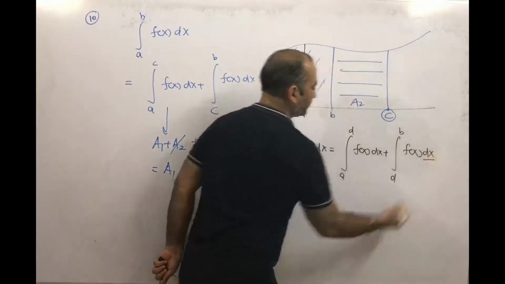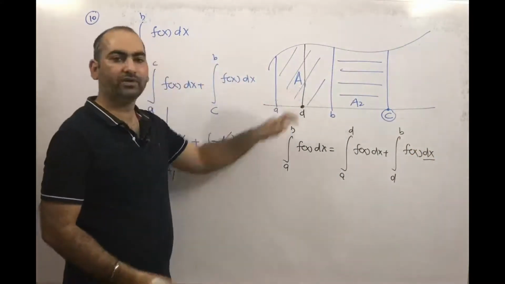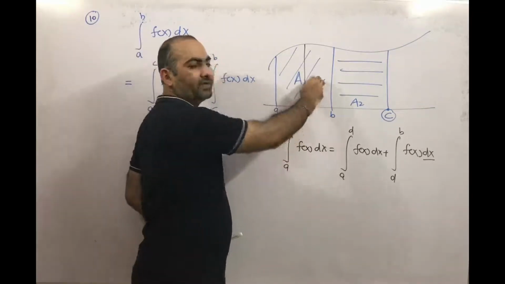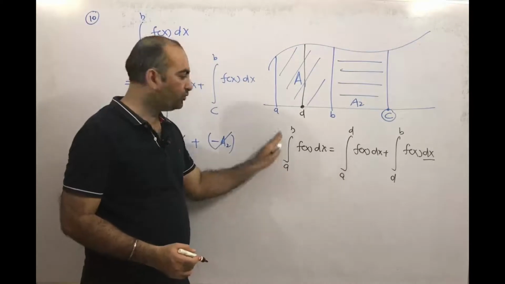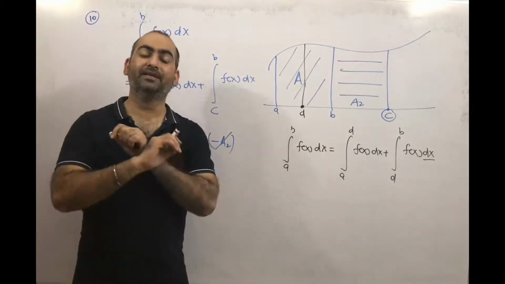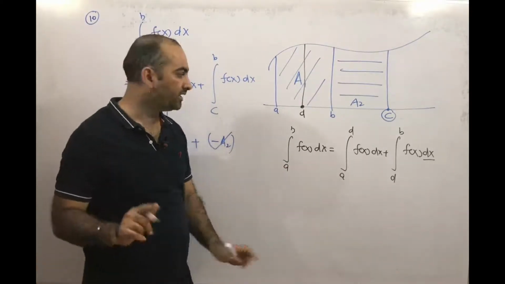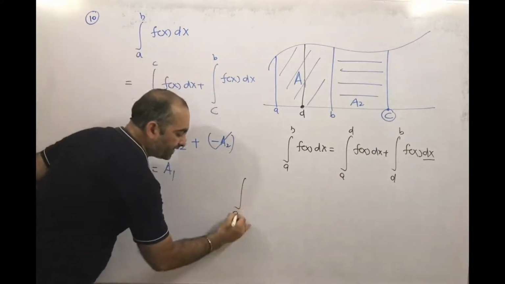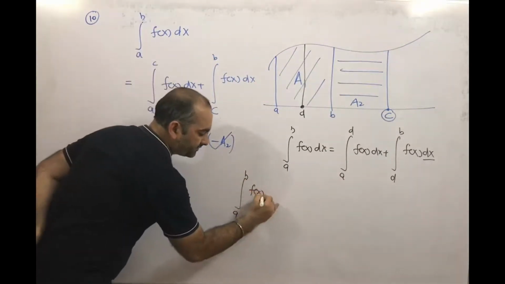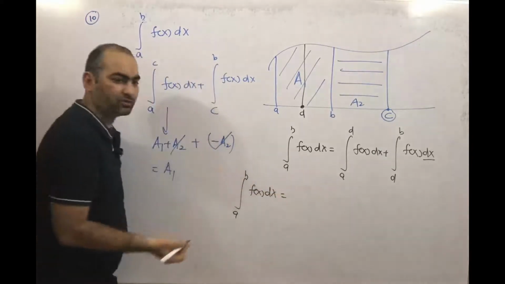There is no effect, because A1 is nothing but this one area plus this one area. So if a to b f(x) dx is there, we can separate it any number of times, but make sure that the upper limit of one part and the lower limit of the next should be the same.